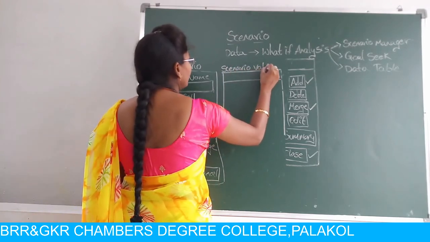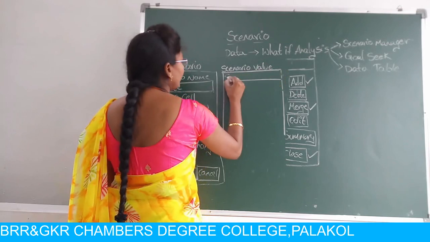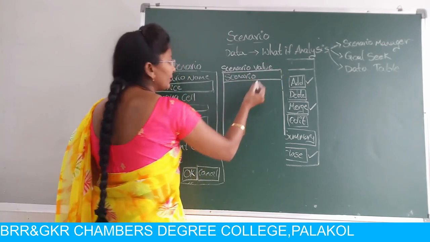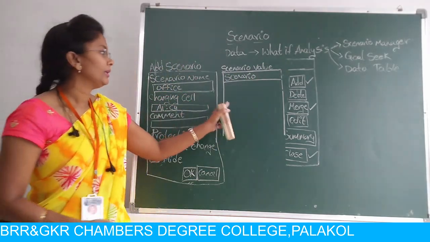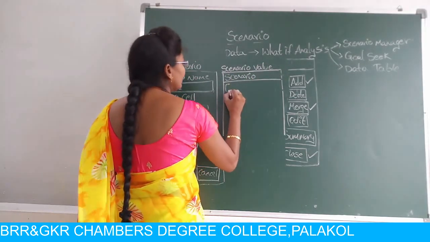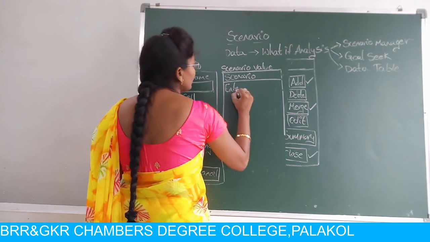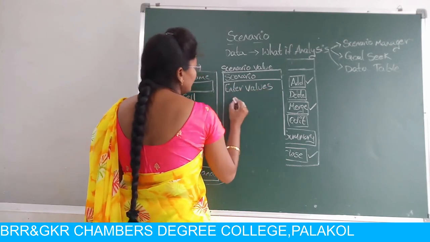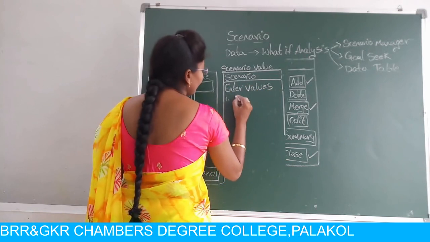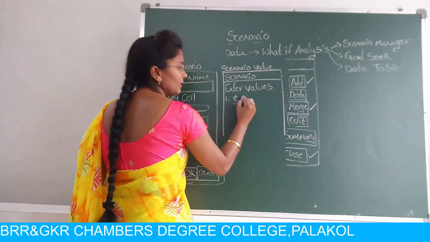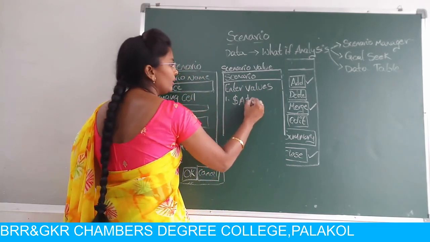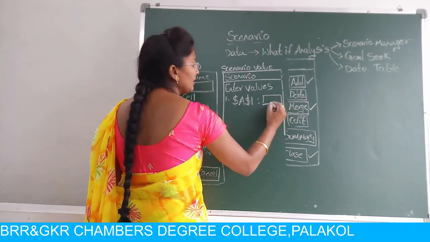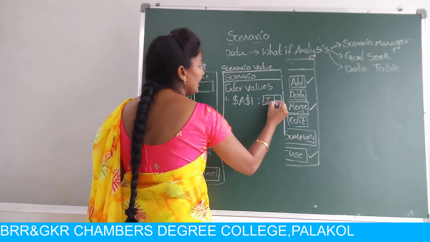In the Scenario Values dialog box, whatever values are displayed are entered here. The first one is $A$1, which means the A1 cell is referred to as an ID.